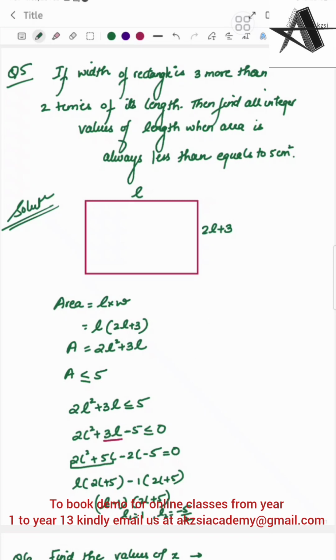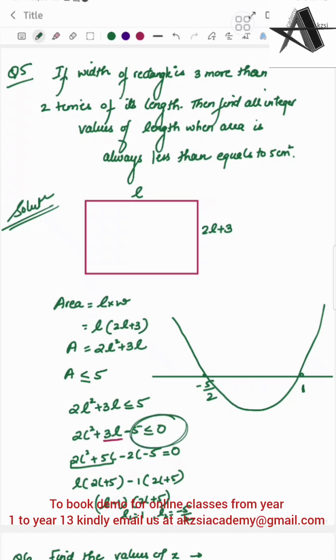Now I need to draw it. The two values are negative 5 over 2 and 1. When I draw this curve, it will be divided into three regions: positive, negative, positive. Because it should be less than or equal to 0, I need to select only the negative region.